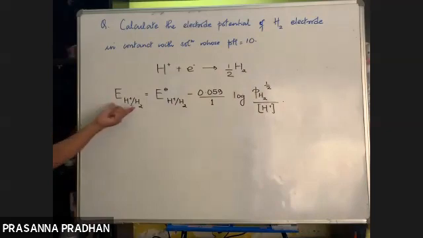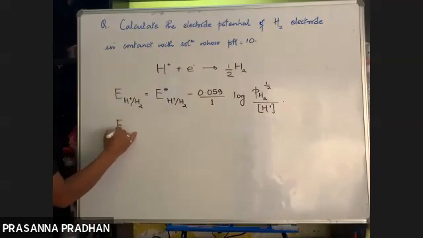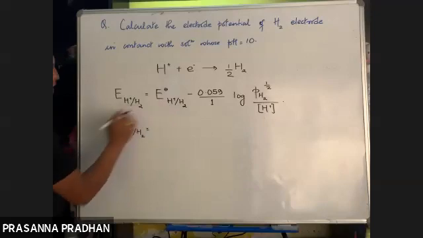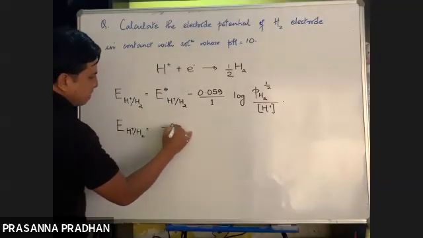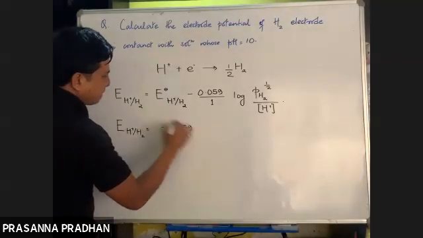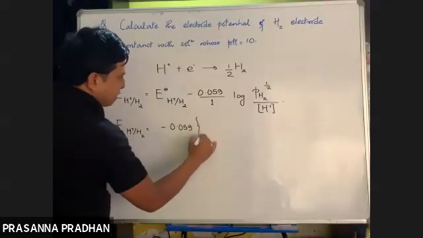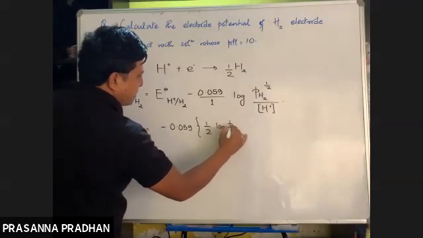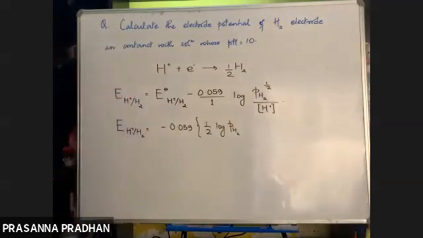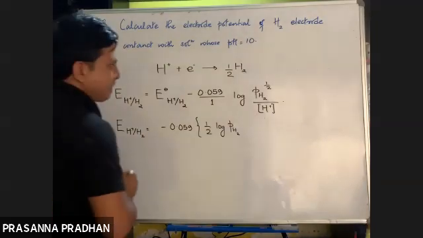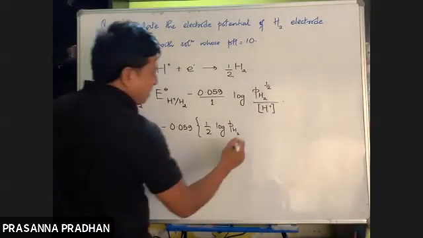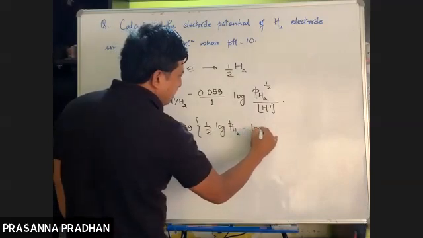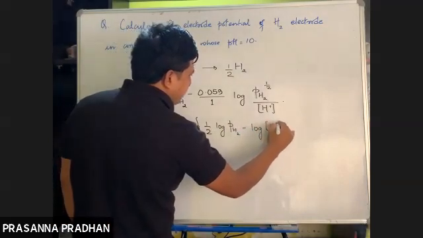So you are supposed to calculate the electrode potential of the hydrogen electrode. E of H positive oblique H2 is 0 minus 0.059 times half log partial pressure of hydrogen, minus log H positive ion.